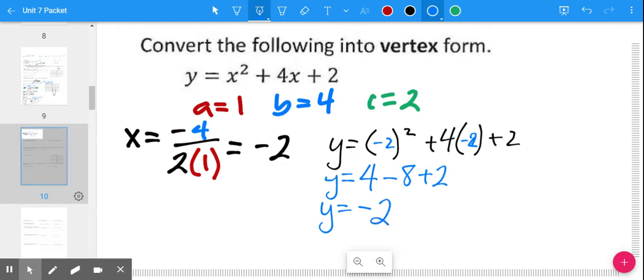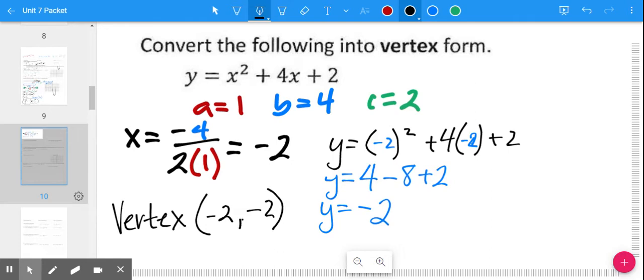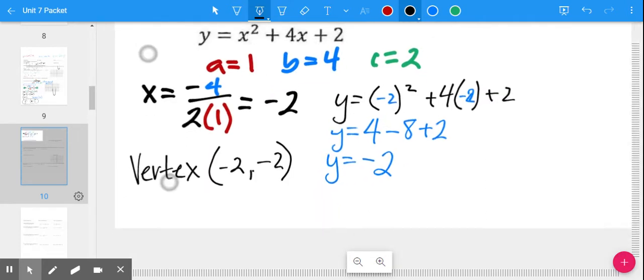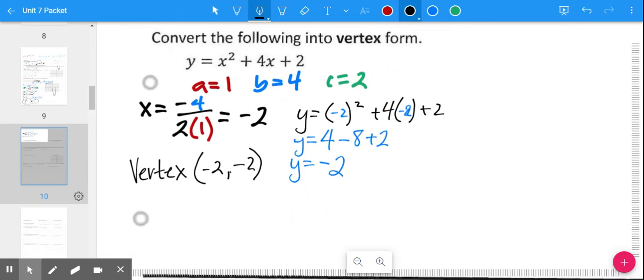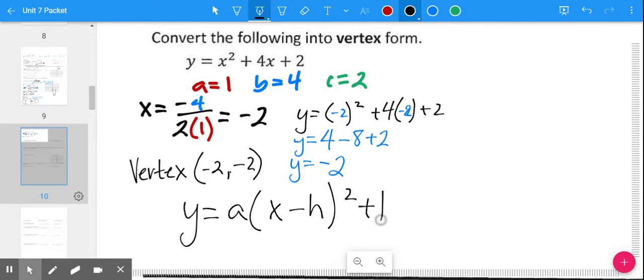So now that we know our vertex is negative 2, negative 2. So when we plug this into the formula for the vertex form, we have y equals a times (x minus h) squared plus k.